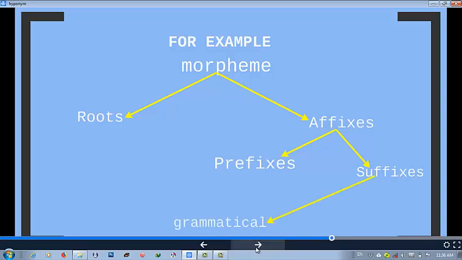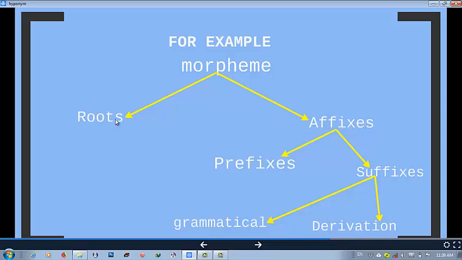So suffixes divide into two, such as grammatical suffixes and derivational suffixes. So derivational and grammatical suffixes are a part of suffixes, or we can say that derivational and grammatical are the meronym of the word suffixes, and suffixes and prefixes are the meronym of the word affixes.